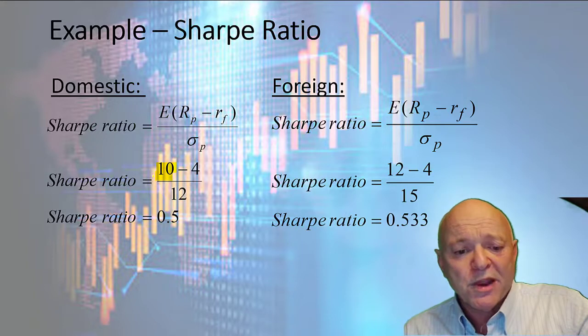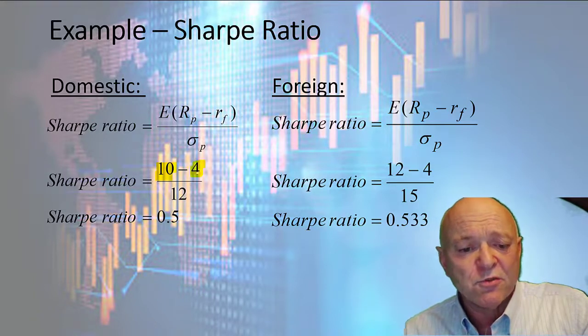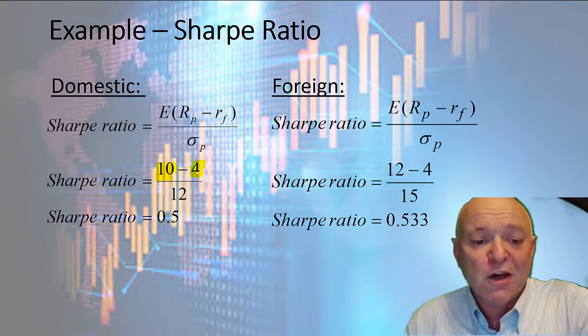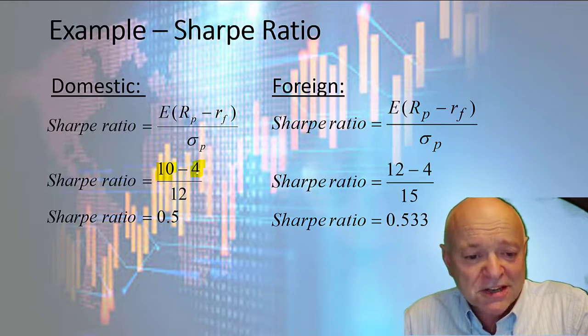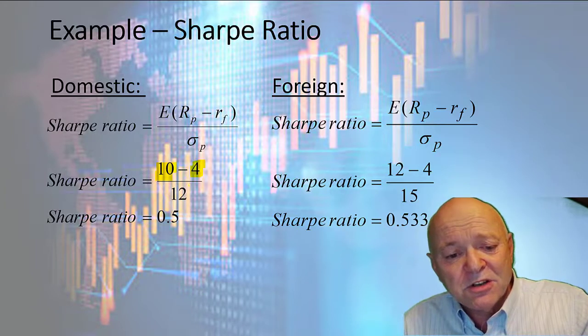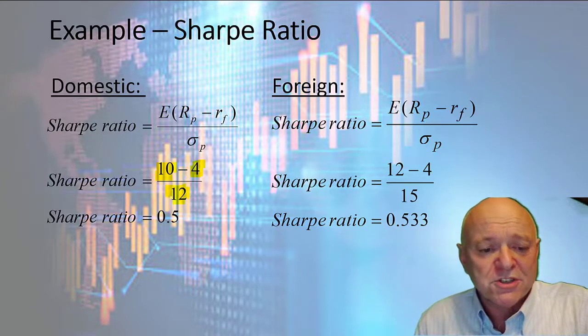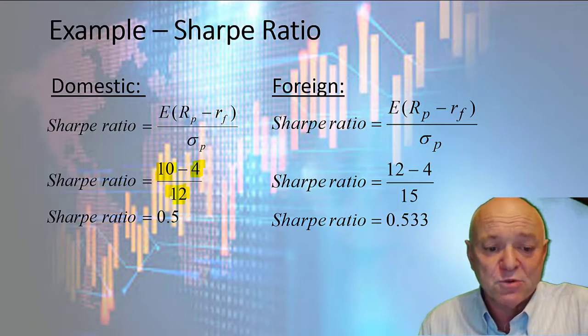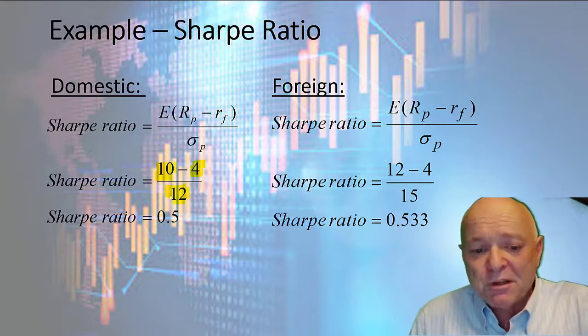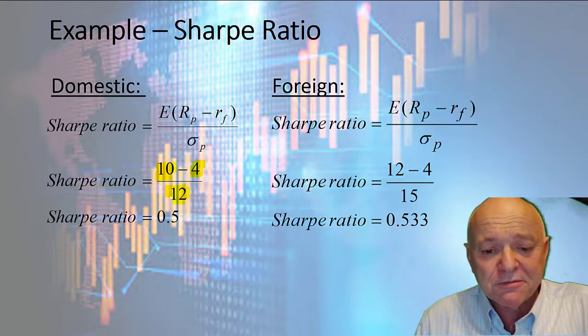We have a risk-free rate of 4%. So 10 minus 4 gives us the excess return of 6%. And the standard deviation for our portfolio is 12%. So 6 divided by 12 gives us a Sharpe ratio of 0.5.